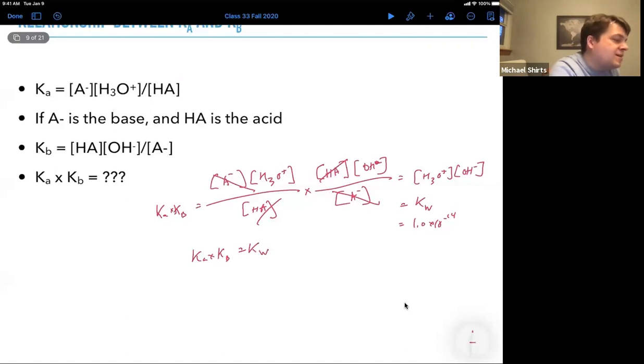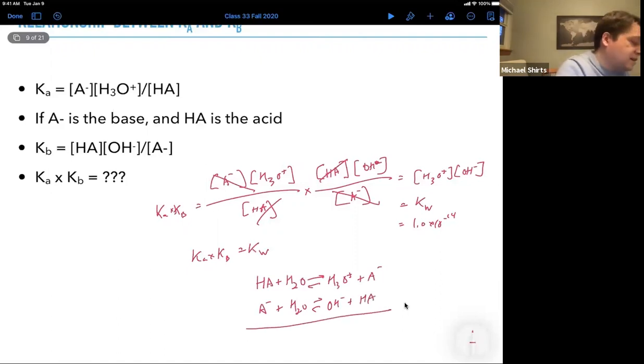This is not surprising because if you write out the reactions, HA plus H2O is in equilibrium with H3O plus and A minus. That's our acid reaction. A minus plus H2O goes to OH minus plus HA.